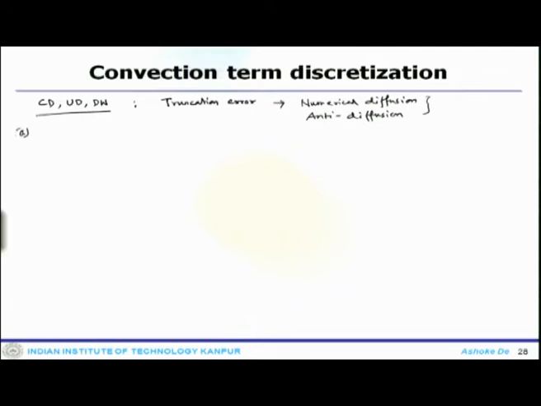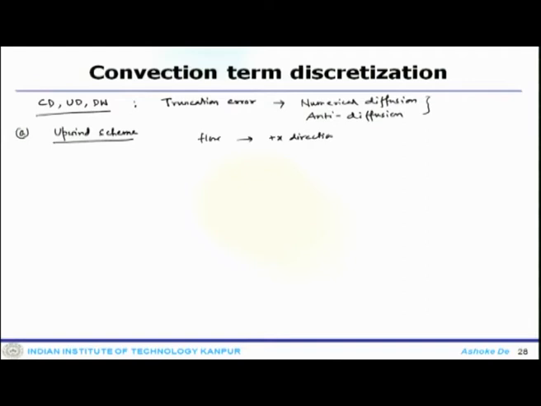To start with, we will start with the upwind scheme. Let us say the flow is in the positive x direction, which is the convention that we take into account.